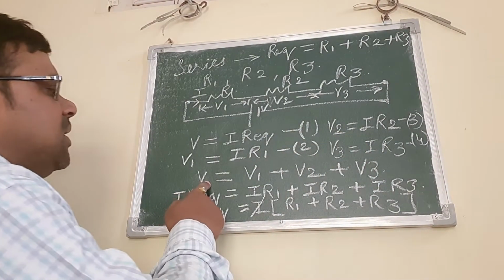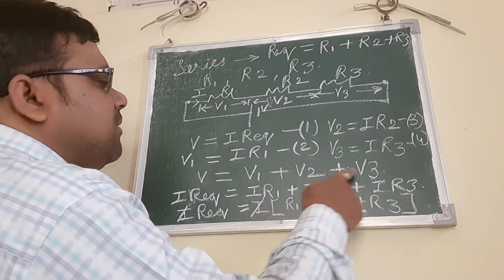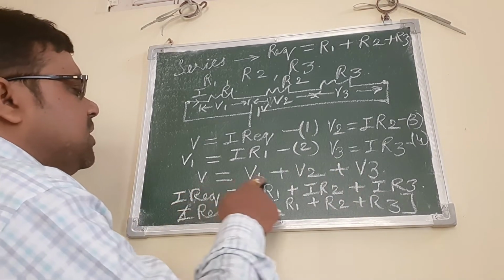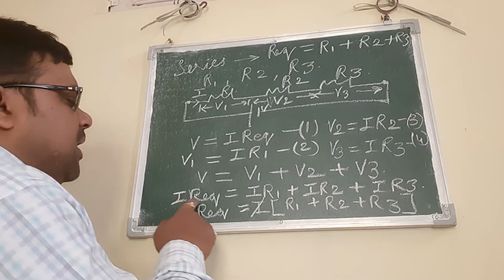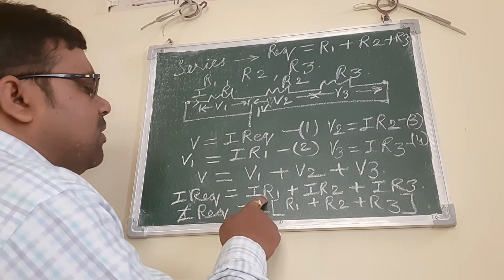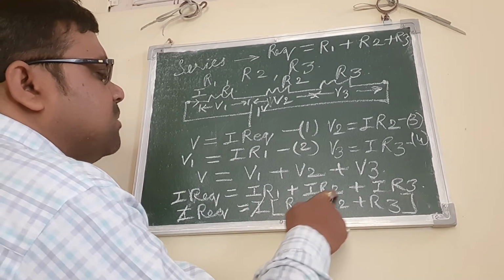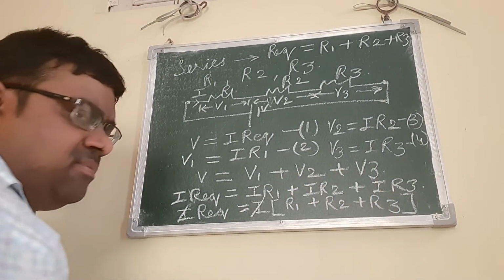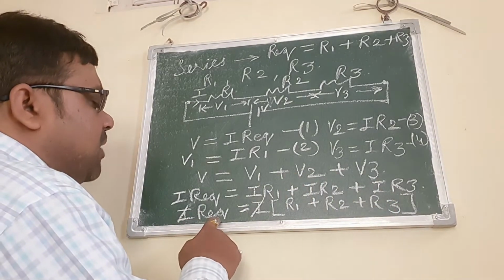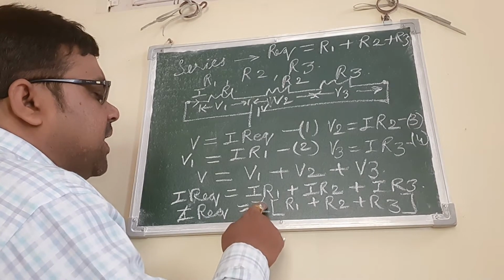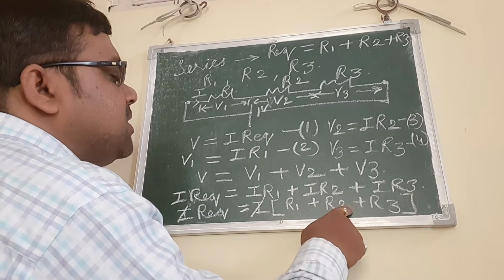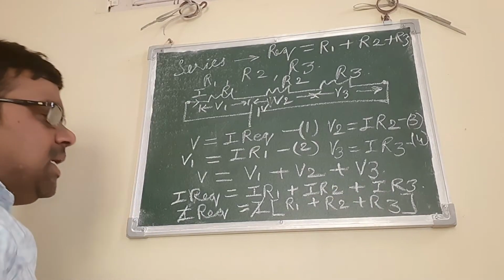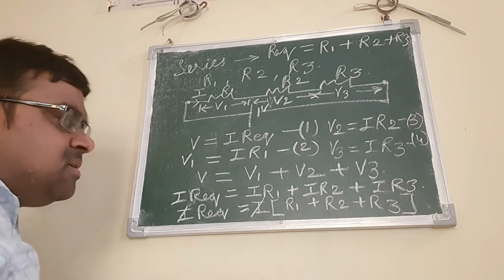Then our voltage will be the sum of the individual voltages. So V is equal to V1 plus V2 plus V3. So I times R equivalent is equal to I times R1 plus I times R2 plus I times R3. Taking I common, it is R1 plus R2 plus R3. I and I get cancelled.